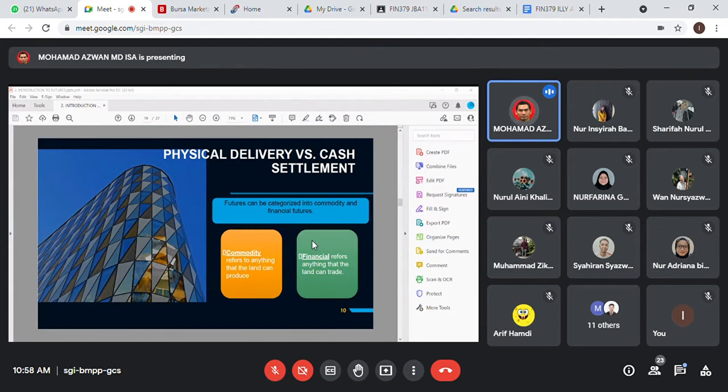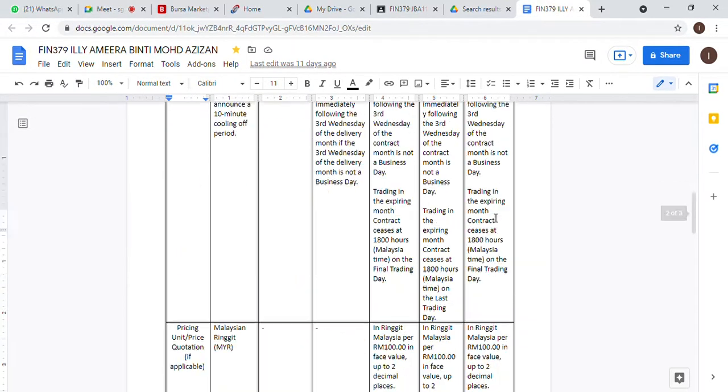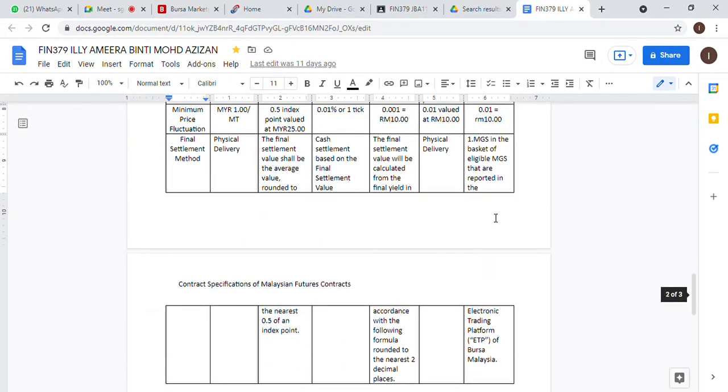Okay, that's all for contract spec. Okay. Okay, settlement ada physical delivery or cash settlement.